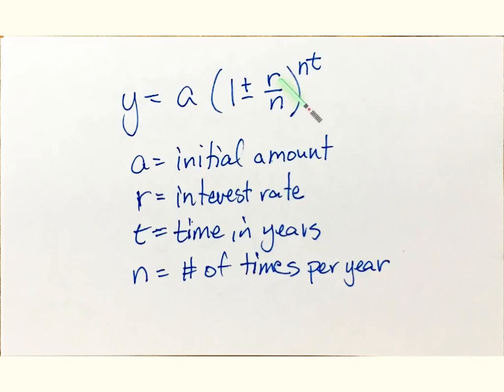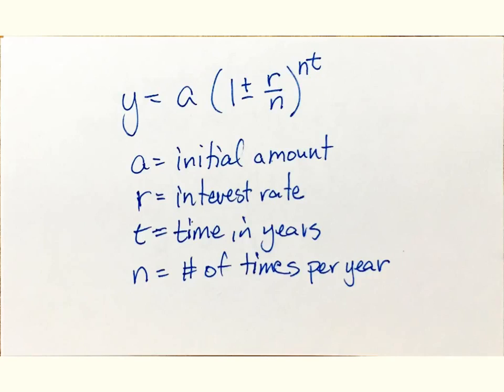But now, since, say, it's happening 4 times a year, that rate is being divided into 4 different rates. Right? And 4 times the number of years will give us the number of times that it occurs. So if it happens 4 times and it lasts for 6 years, then that's 24 times that it gets compounded.